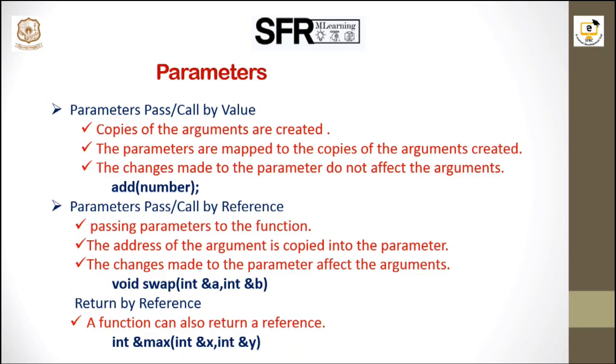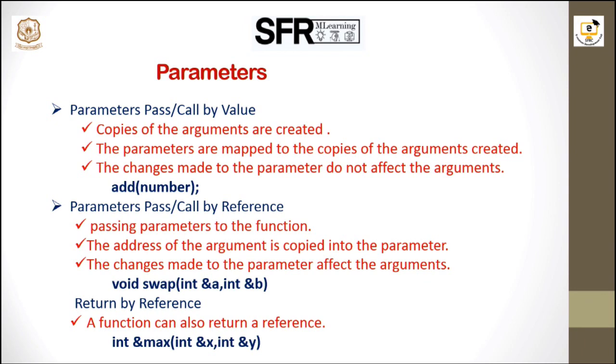Copies of the arguments are created, and the copies are used by the parameters, so changes in the parameters do not affect the arguments. For example, add number, where the number is the one initialized in the previous part. Then parameters passed by reference, or called by reference.